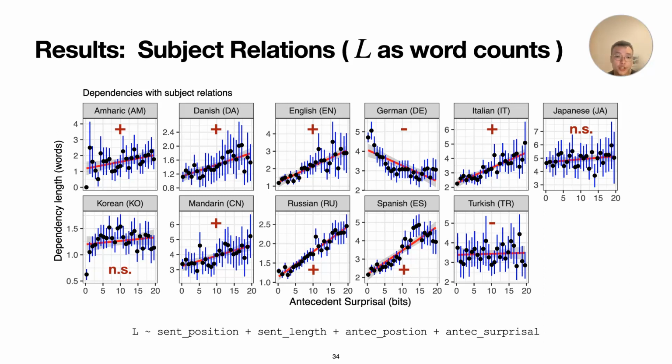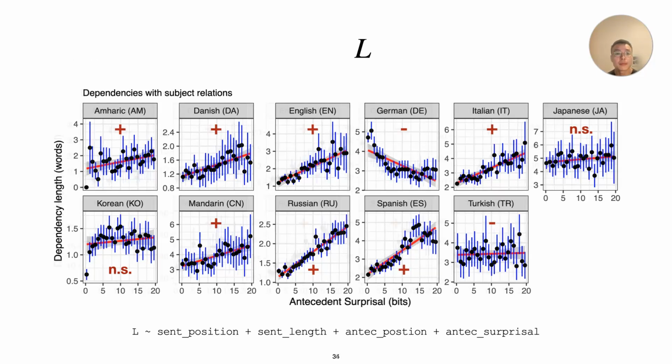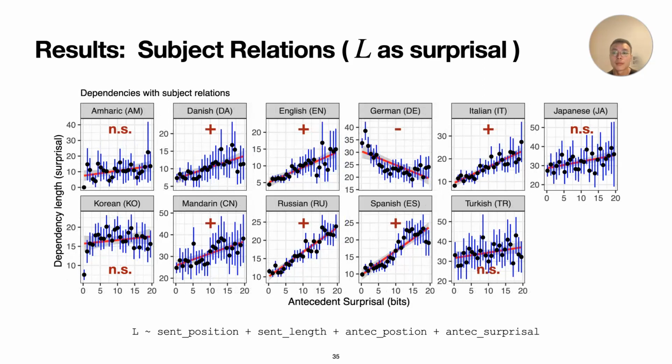For German and Turkish, however, the effect is in the opposite direction to our prediction, and the effect for Japanese and Korean is not significant. The result for dependency length at surprisal shows a similar pattern, except that the effect for Amharic is now insignificant, and the unexpected negative effect for Turkish in the previous slide now becomes insignificant.